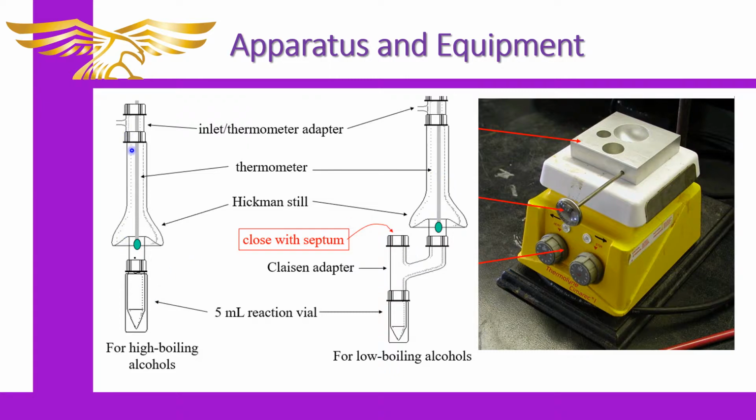If the alcohol is a low boiling alcohol, which should be designated on the standard lab page, then this form of the apparatus is used, where a Claisen head adapter is placed in between the Hickman still head and the reaction vial. If it is a high boiling alcohol, then this setup that is just the reaction vial with the Hickman still head is used.